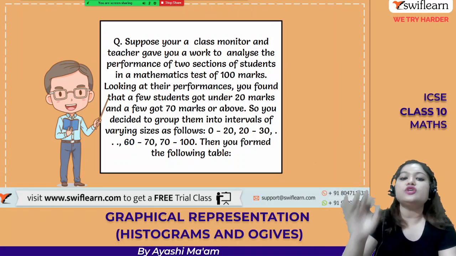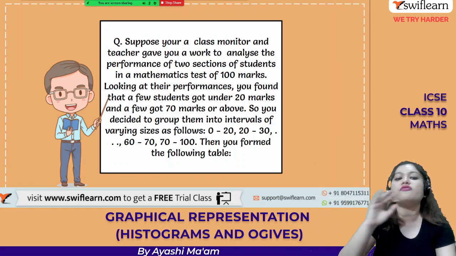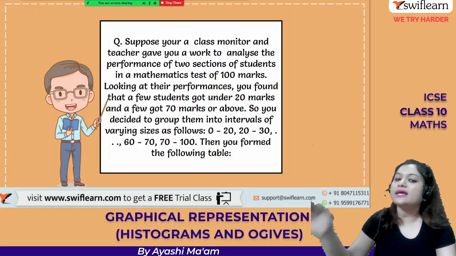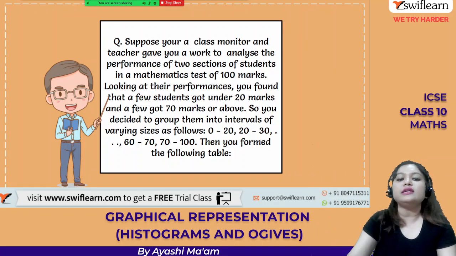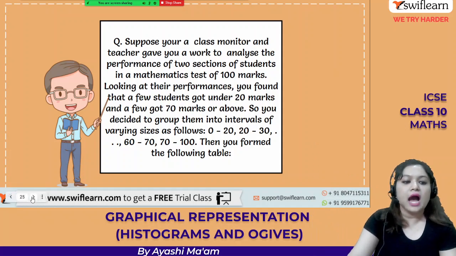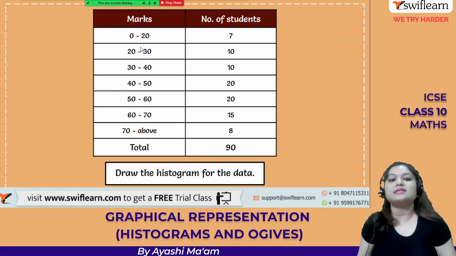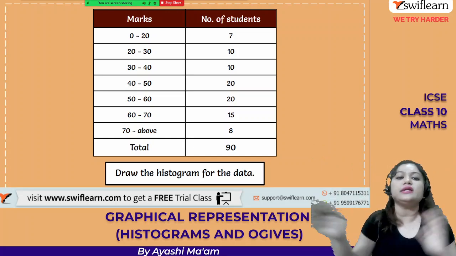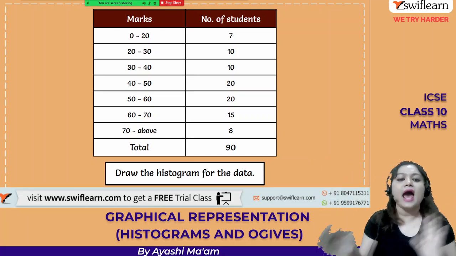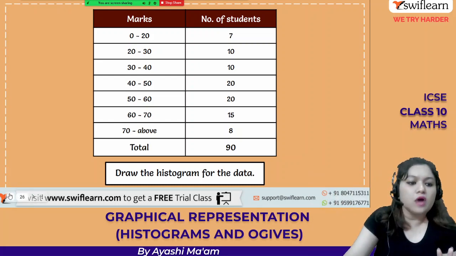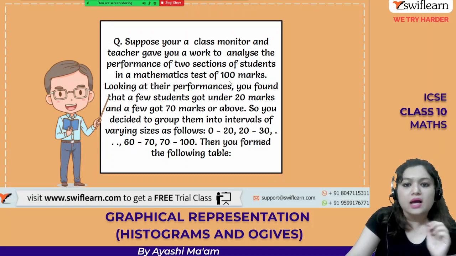So you decided to group them into intervals of varying sizes as follows: 0 to 20, 20 to 30, and so on, 60 to 70, and then 70 to 100. Now you have formed the table like this. So here you have the marks, that means the class intervals 0 to 20, 20 to 30, 30 to 40, like that. And at last we have 70 and above, meaning 70 to 100, right?